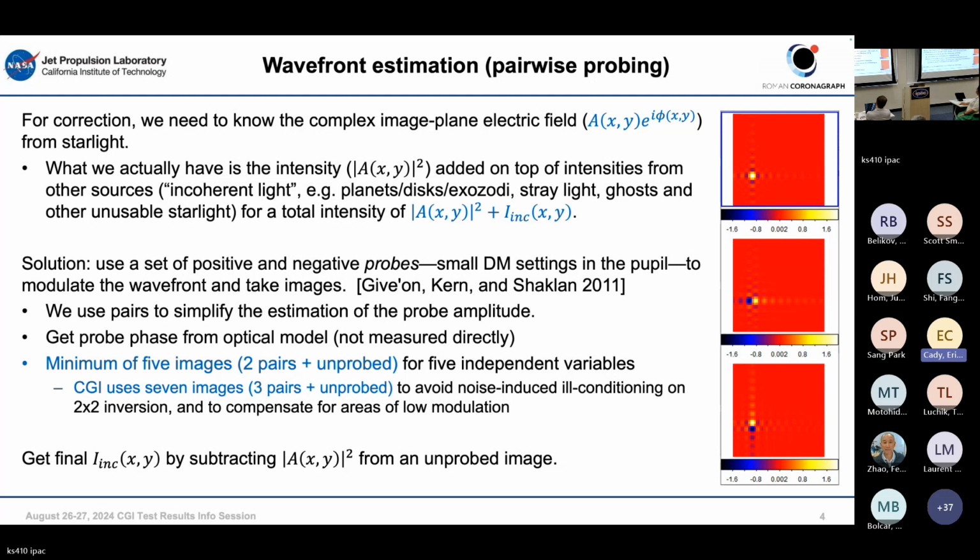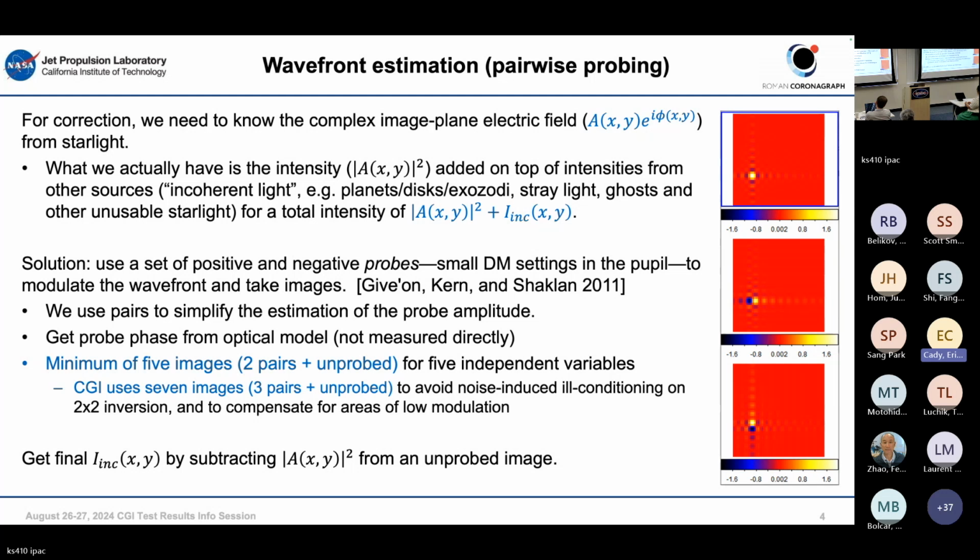I'll talk about the optical model a little bit in a couple of slides, but I know AJ also spoke a bit about this. And we need at least 5 images. Turns out, if you go through the math, especially if you're trying to include your incoherent light, there are 5 unknowns. So okay, you need 5 images. We use 7. It helps avoid some issues with poorly conditioned solves.